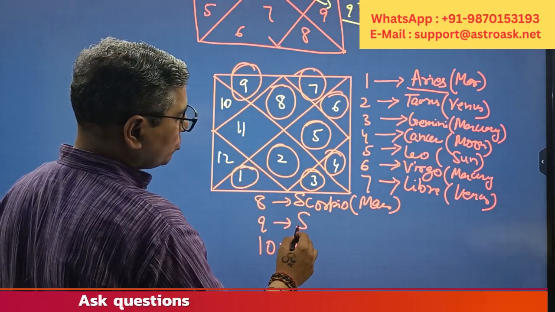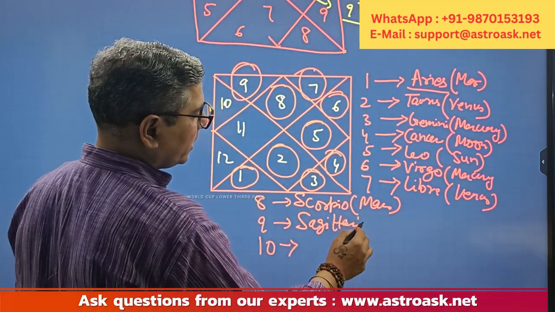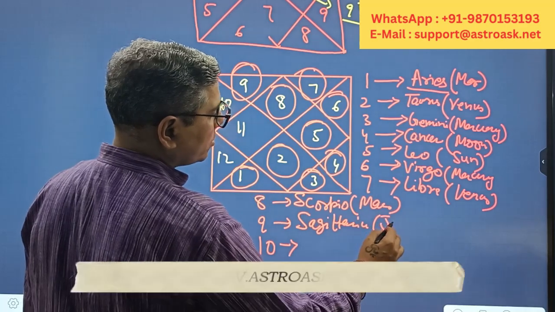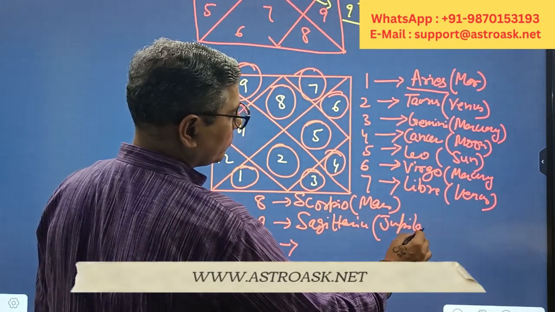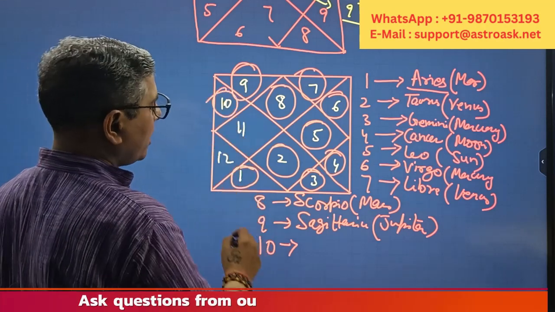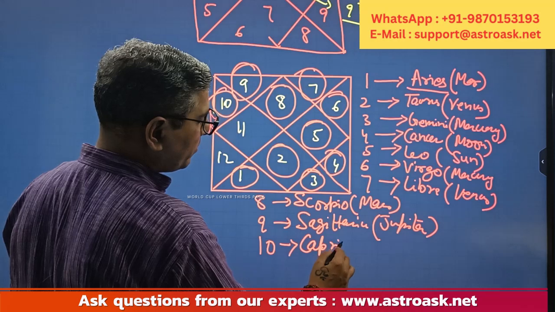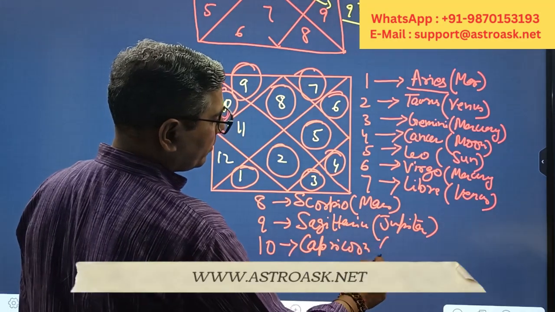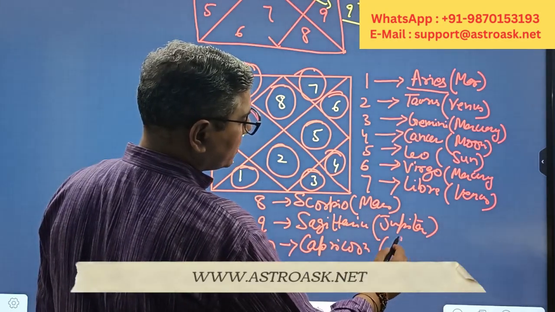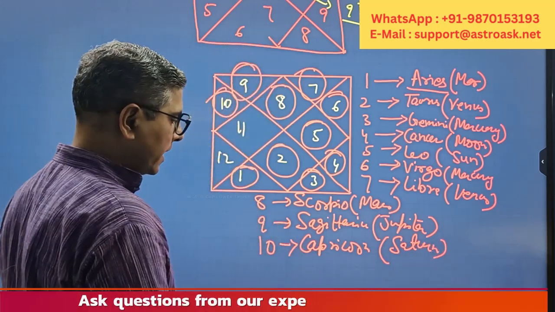Number 9 belongs to Sagittarius, and the lord is Jupiter here. Number 10 is written in the 3rd house, and number 10 belongs to Capricorn. Capricorn belongs to Saturn here.